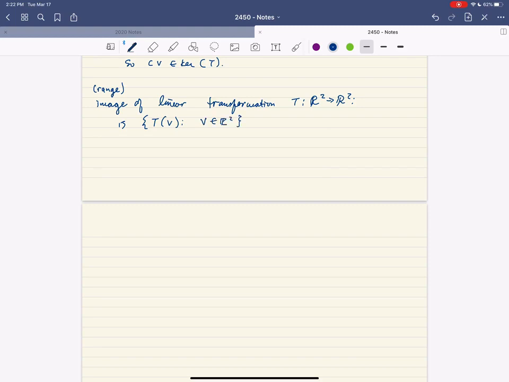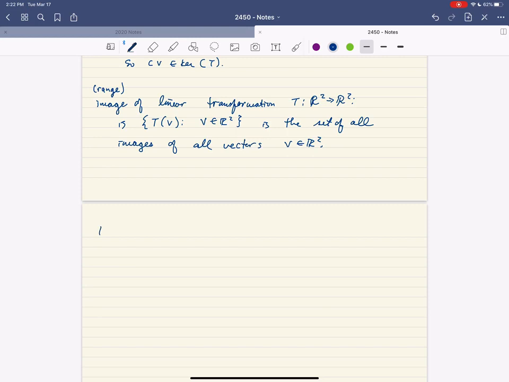In other words, the image of a linear transformation is the set of all your images of all the vectors V.